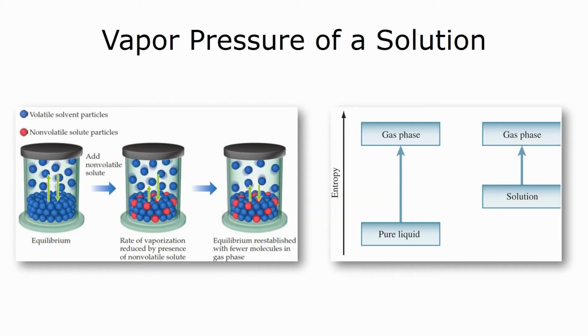Its entropy is higher. So it turns out there's less of a drive for those liquid particles to escape into the gas phase. Because it's already a little bit more disordered, it doesn't really need to release as many of those liquid particles into the gas phase in order to attain higher entropy.